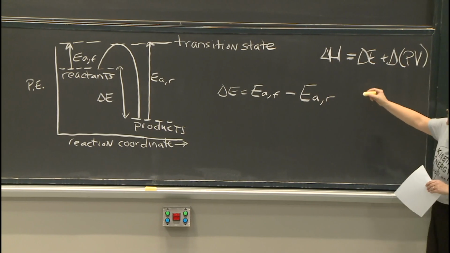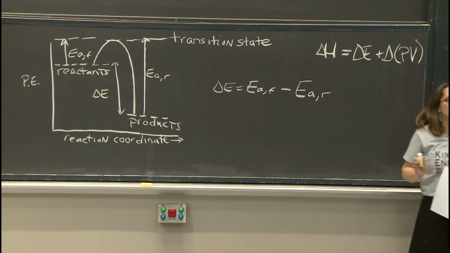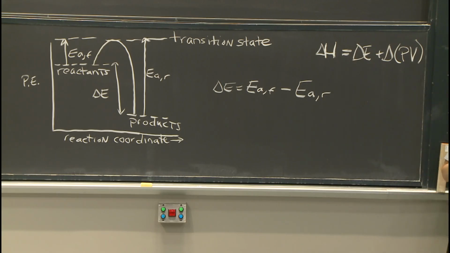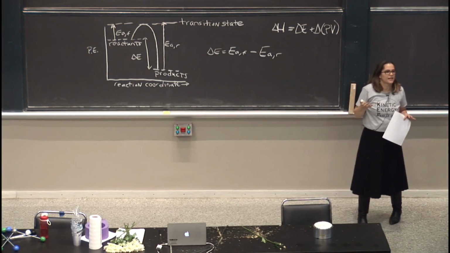For gases, there's about a 1 to 2% difference between delta H and delta E, but for solids and liquids, it's pretty much the same. So you can think about this delta E like you're thinking about delta H for the most part.